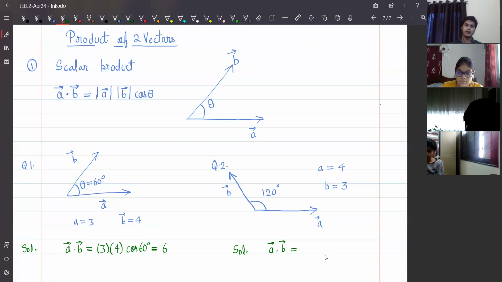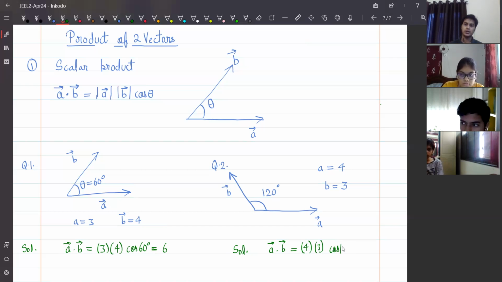What is the value of A dot B here? It will be 4 into 3 into cos 120. Cos 120 is minus root 3 by 2? See, if I draw 120, it is like this.